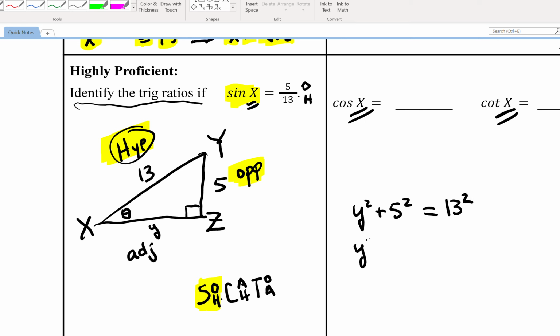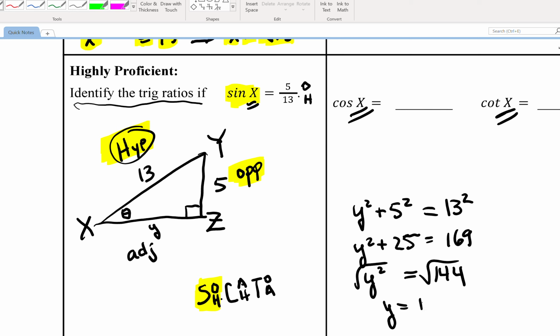And that gives us y squared plus 25 is equal to 13 squared, which is 169. And then if I subtract 25 from both sides, 169 minus 25 would be 144, I think. And then you take the square root of both sides, and y then is equal to 12.